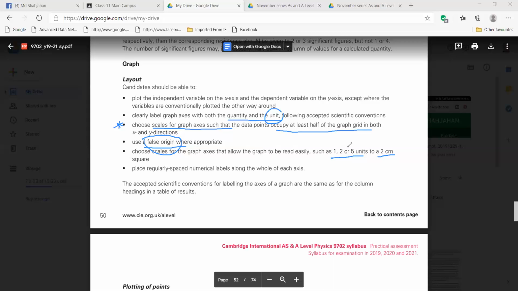Then it comes automatically. But if you are starting from the origin, it happens that your readings come very clumsy, right? Very small, very close. Then it's very difficult to find the points clearly from the plottings.